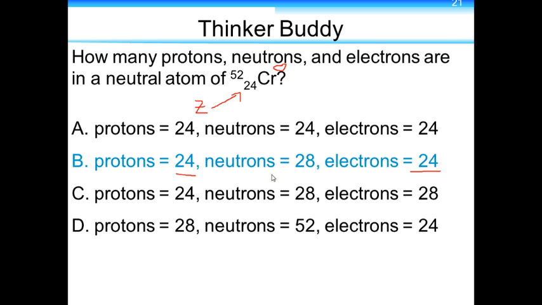How do we get the number of neutrons? Well, we know the mass number is the number of protons plus the number of neutrons. So if we know the number of protons, the number of neutrons must equal 52 minus 24. So when we do that, we come up with 28.